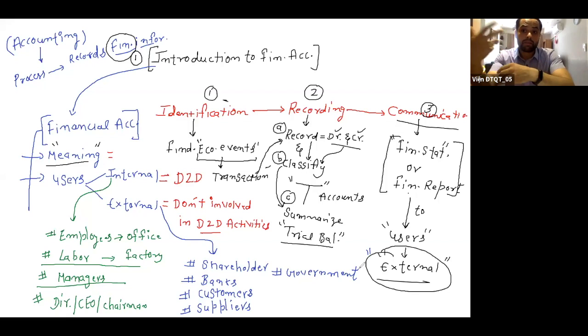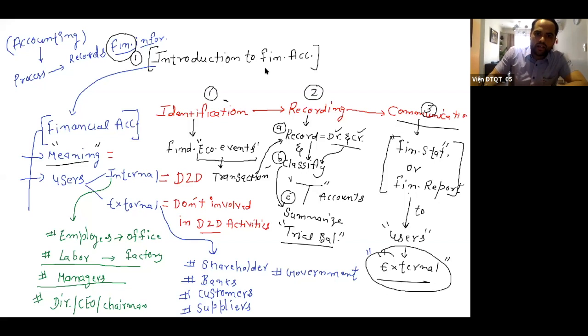By looking at company accounts, they make some kinds of predictions, or they impose some kind of taxation on different kinds of sectors. Right? So these are the basic ideas about who are internal and external users, right?